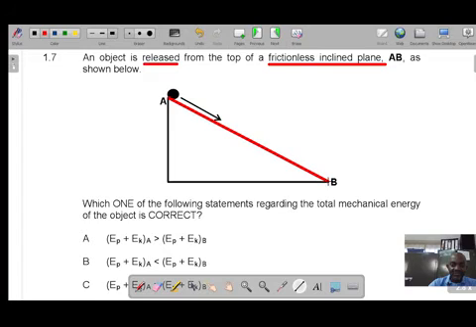And we know that in physics, if there are no friction forces here, then the system is isolated.